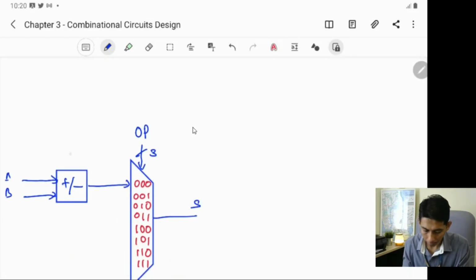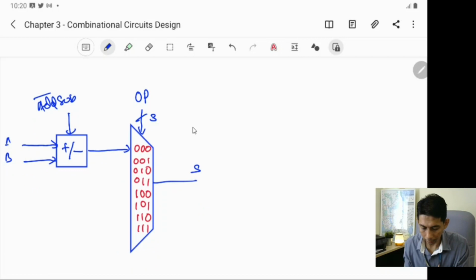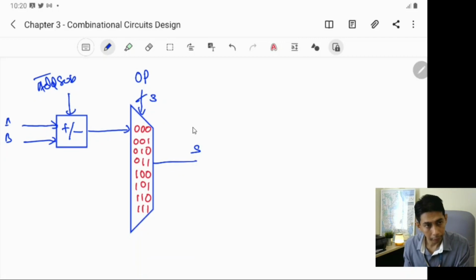So you can have another signal here, add sub, that we learned last week. All right, and this one can connect to the OP as well. You need to do that later, right? But in this case, just the idea, and the output for this one should go to this also.